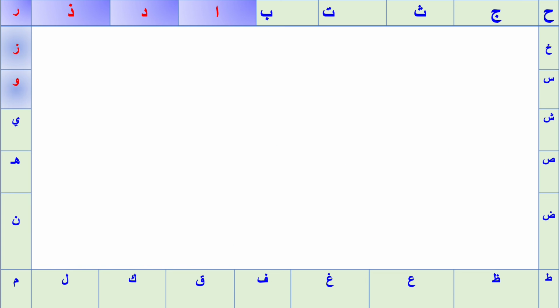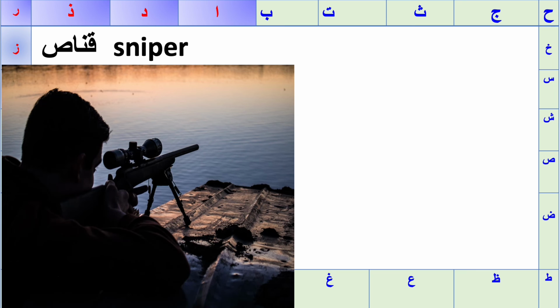One more example. Qannas, a sniper. Component letters are qaf, noon, alif, sad. Qannas. So clearly the qaf will extend to the left to join the noon.